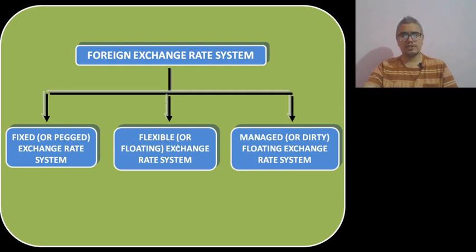Second type of exchange rate system is flexible or floating exchange rate system. And third type of foreign exchange rate system is managed or dirty floating exchange rate system. Okay, let us discuss this first type of foreign exchange rate system, that is fixed or pegged exchange rate system.